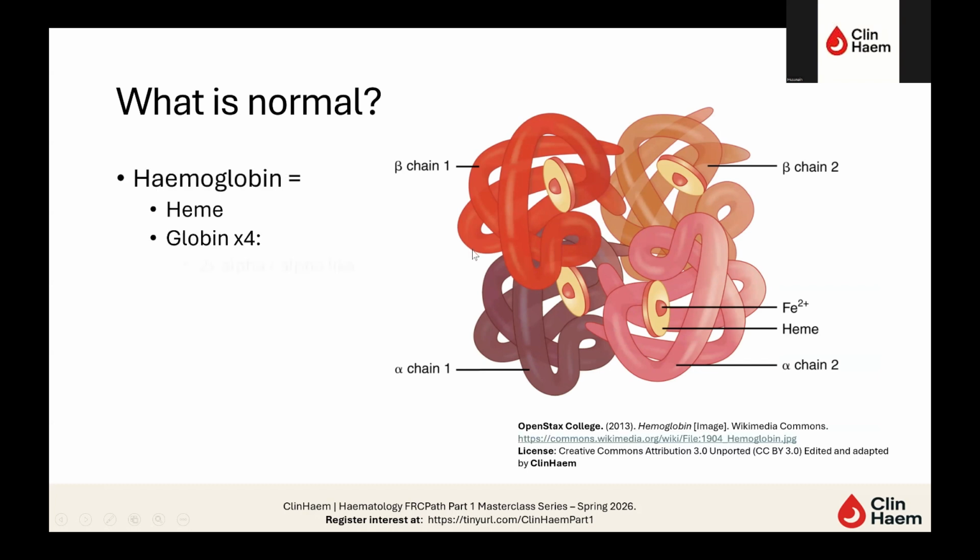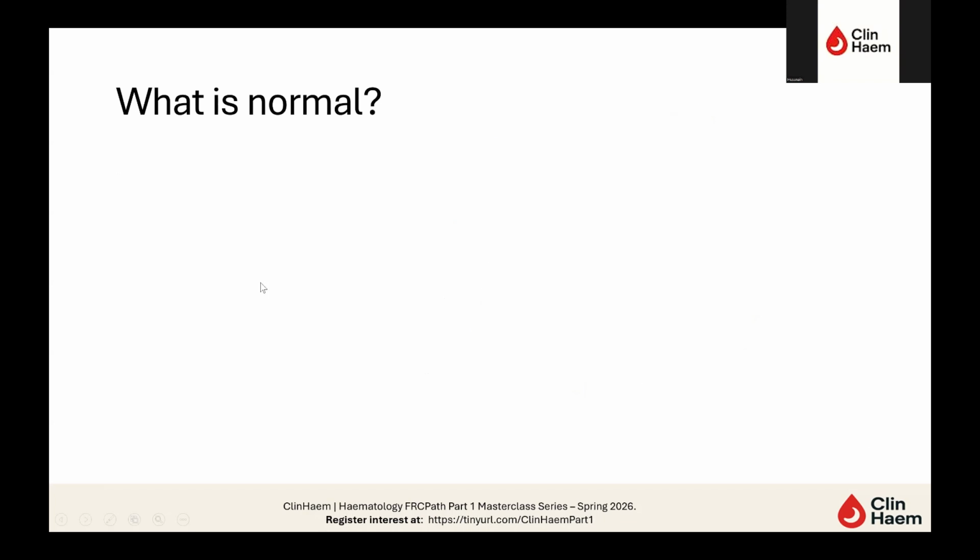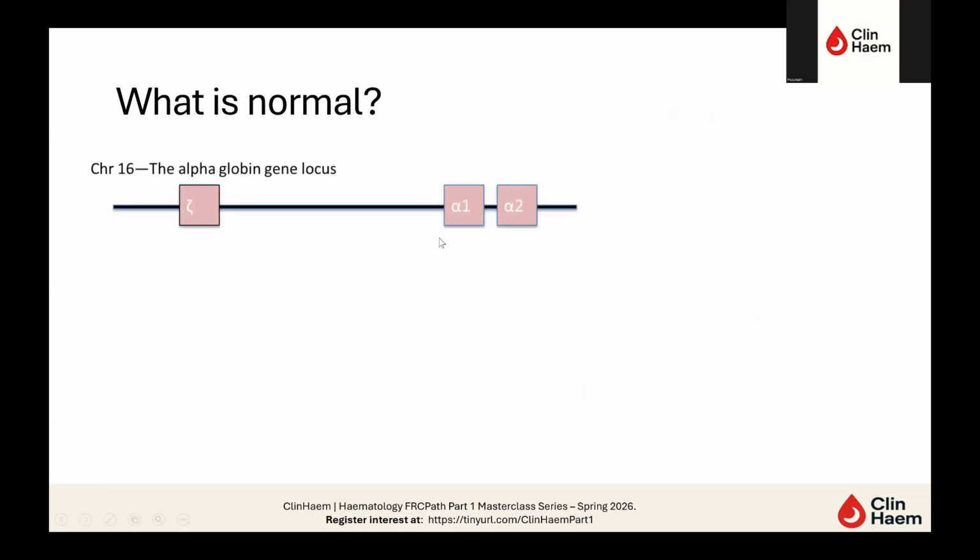Basically, any type of hemoglobin would have two alpha or alpha-like chains and two beta or beta-like chains. In adults, as you know, this is made up of two alpha chains and two beta chains. What I mean by alpha-like and beta-like is that there are some other chains. So alpha globin chains are located on chromosome number 16.